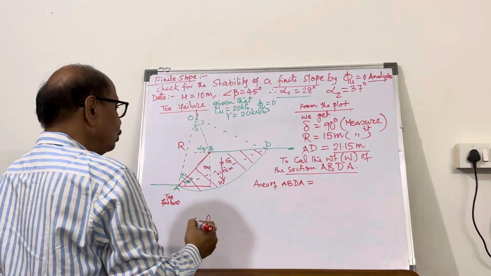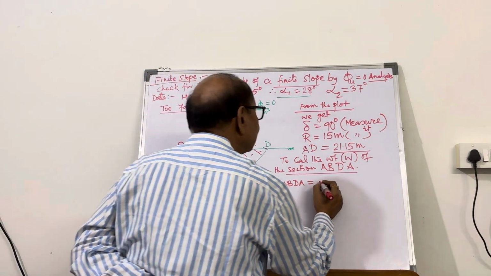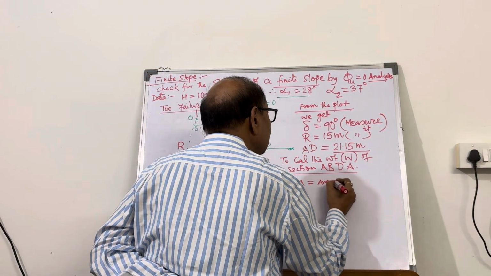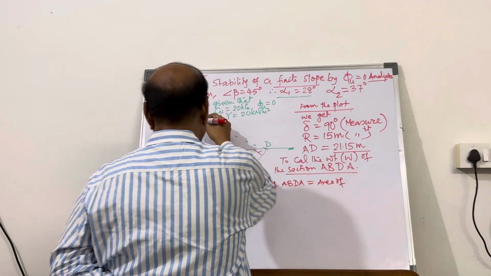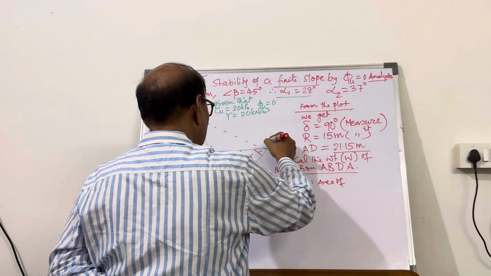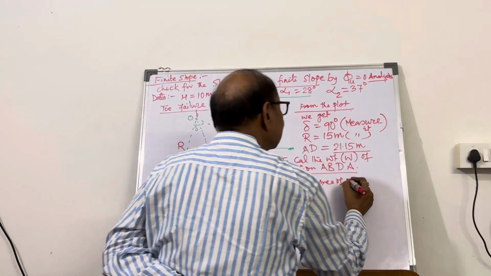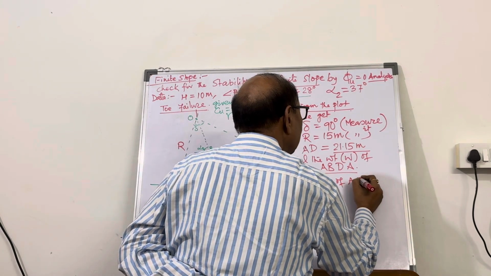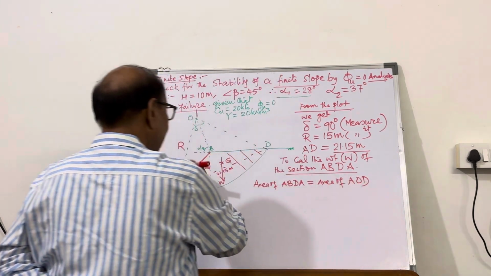This will be equal to area of AOD, which is a part of a circle.